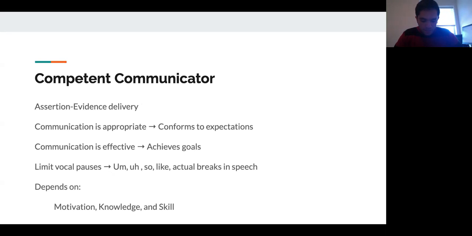A competent communicator utilizes an assertion-evidence delivery. Essentially what that is, and I'll post a link of this in the channel, is a delivery aspect which builds your talks on messages, not topics.